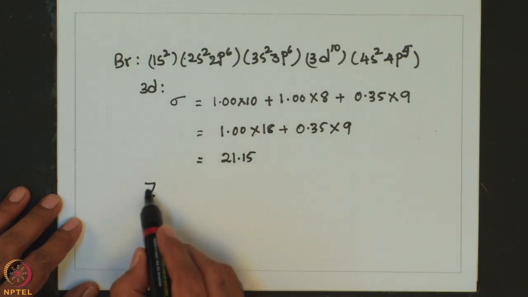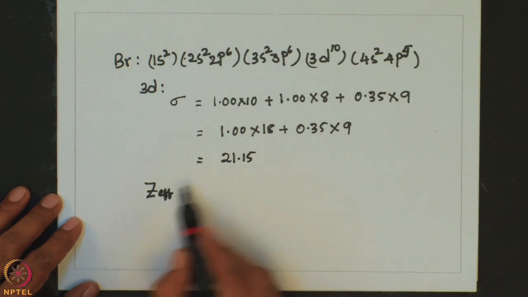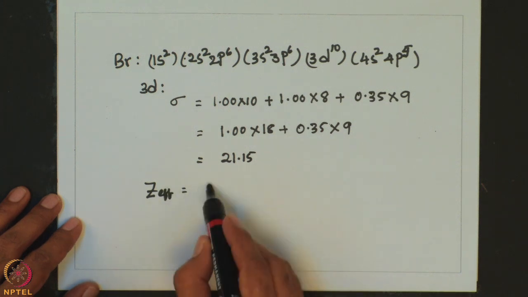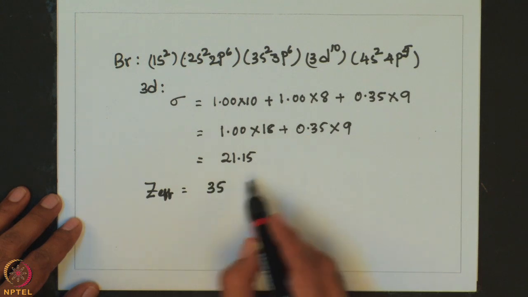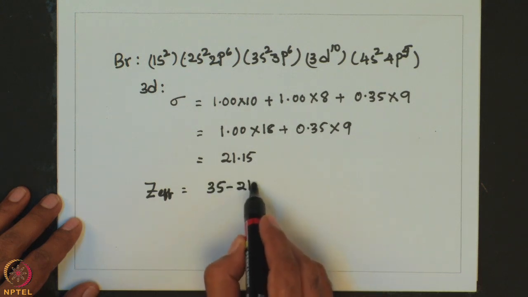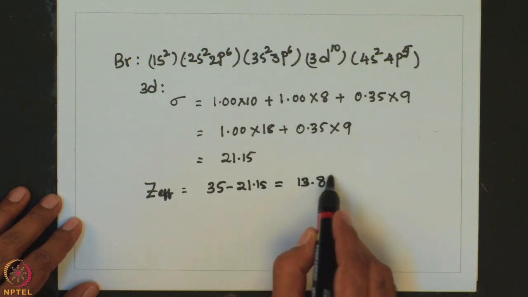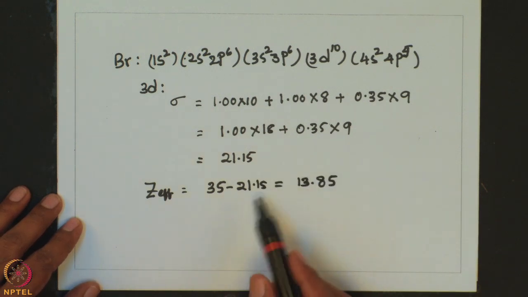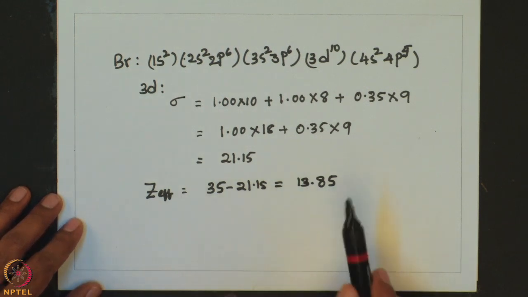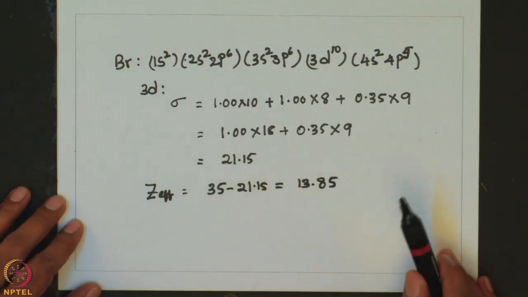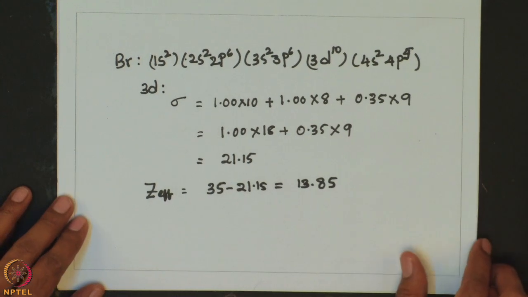So, Z effective for the 3d electron in case of bromine is, bromine atomic number is 35 minus 21.15, which will give a value of 13.85. This is essentially the effective nuclear charge of the d electron in case of bromine. This is how one can calculate the effective nuclear charge using simple and easy to follow Slater's rules.